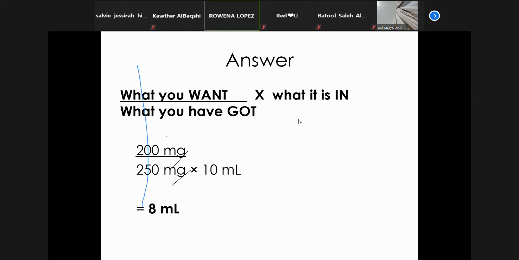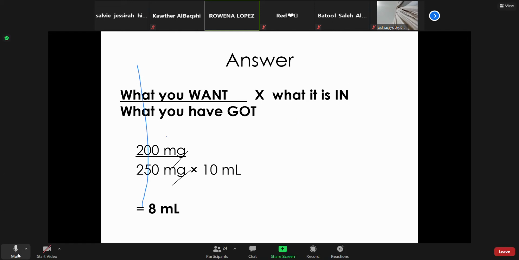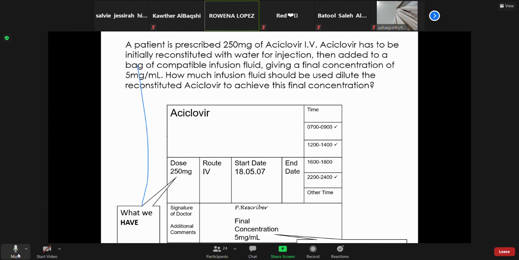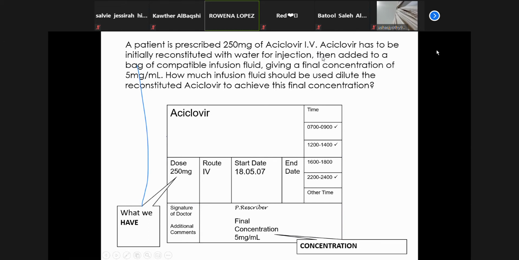Okay. So next, so you're enjoying your calculation so far? Okay, another question. The patient is prescribed 250 milligrams of aciclovir IV. Aciclovir has to be initially reconstituted with water for injection, then added to a bag of compatible infusion fluid, giving a final concentration of 5 milligrams per ml.